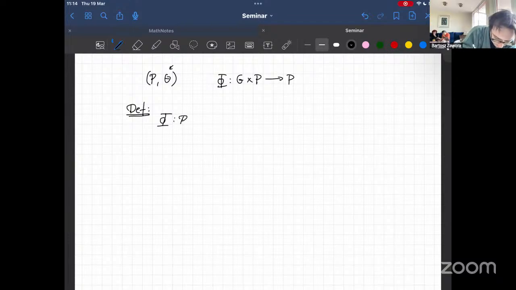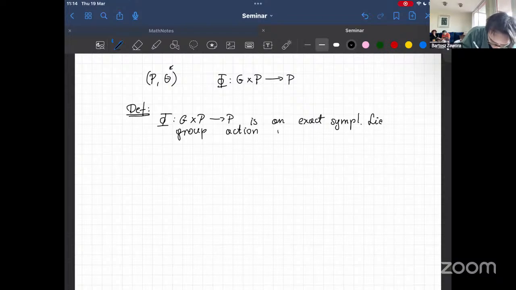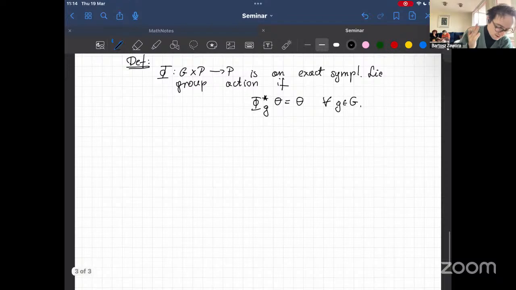So we say that our Lie group action is an exact symplectic Lie group action if it leaves the theta form invariant for every element g in the Lie group. Okay, so we have our symmetries.